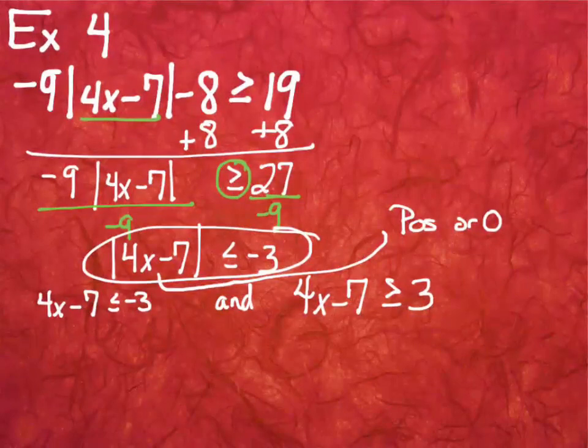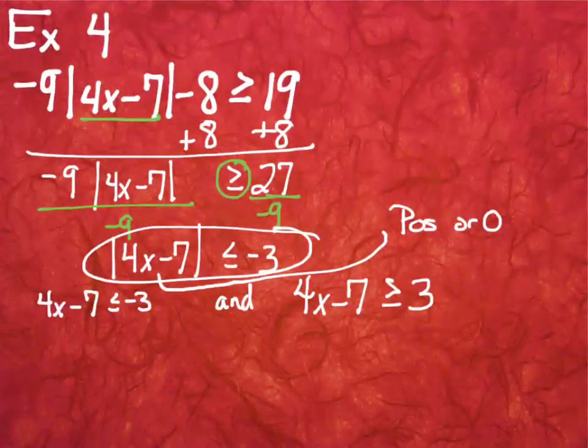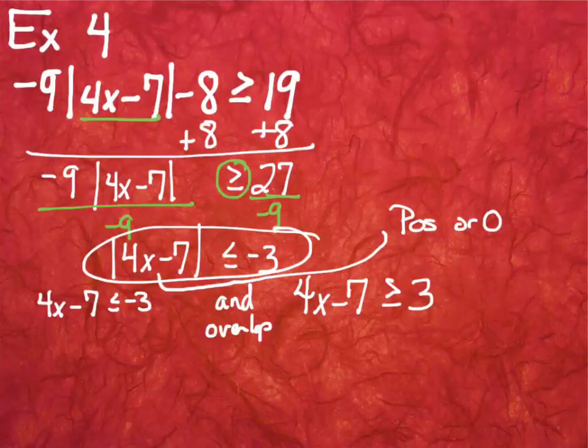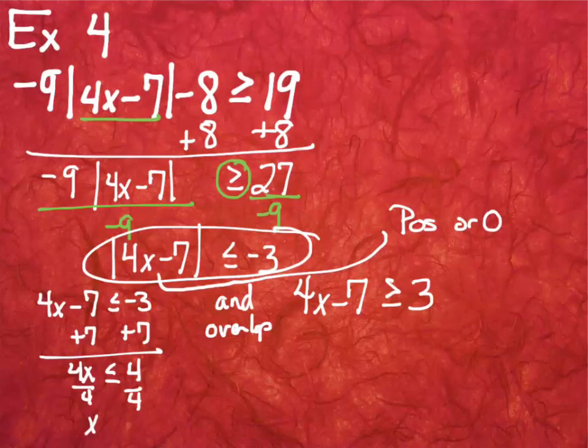And I'm showing you the work below to show you what you'll see if that's the case. And remember, and is the overlap. So when I solve this, I get plus 7 on both sides. 4x is less than or equal to 4, divided by 4, and x is less than or equal to 1.